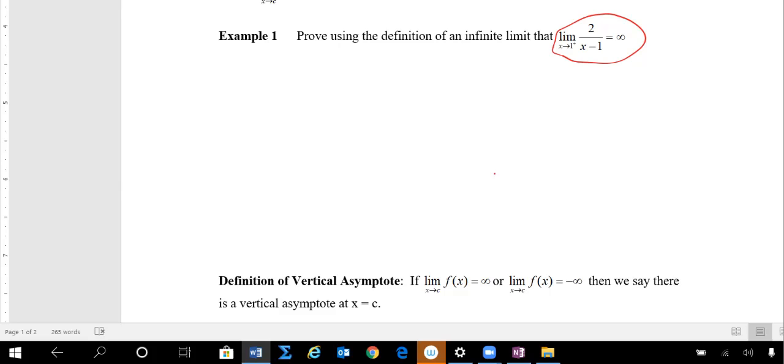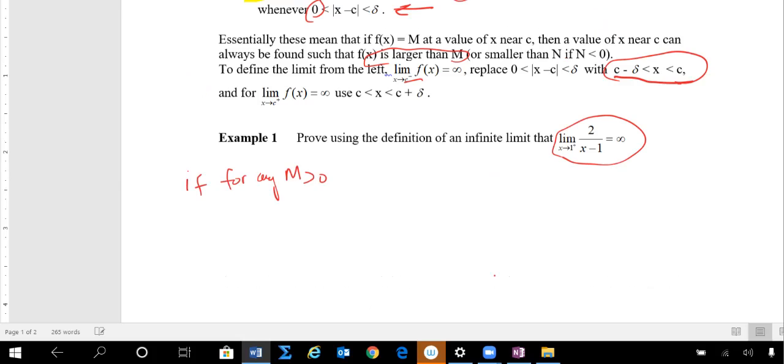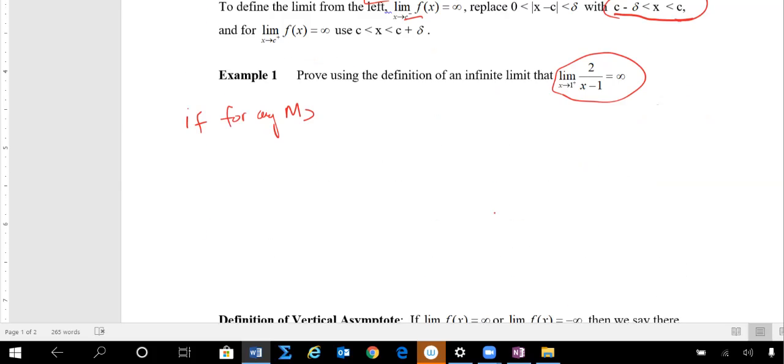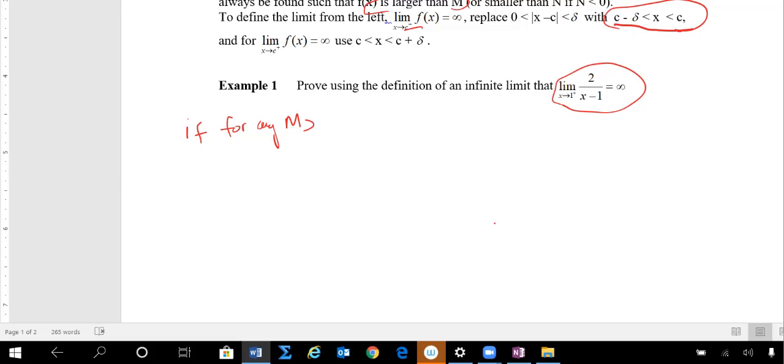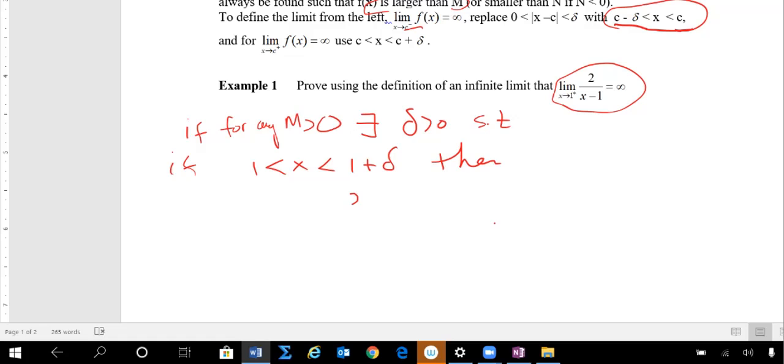One way to say it is that for any m greater than 0, there exists, it's a backward E, there exists a delta greater than 0, such that if 1 is less than x, less than 1 plus delta, then 2 over x minus 1 would be greater than m.